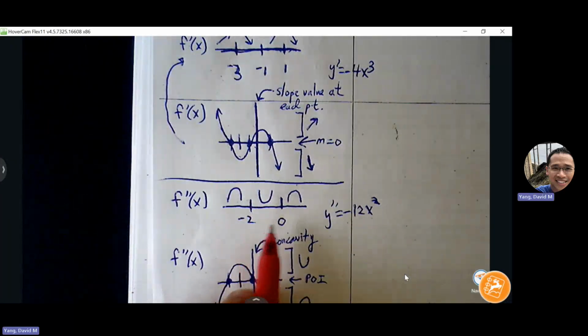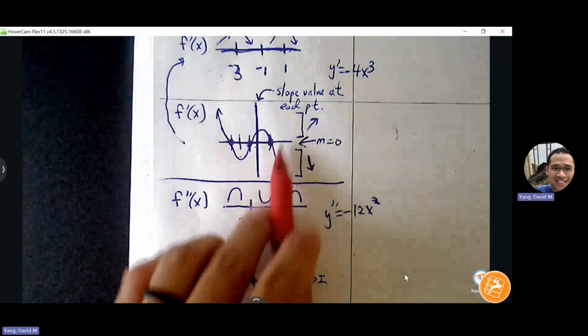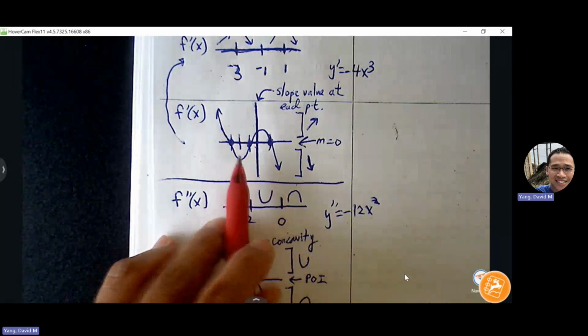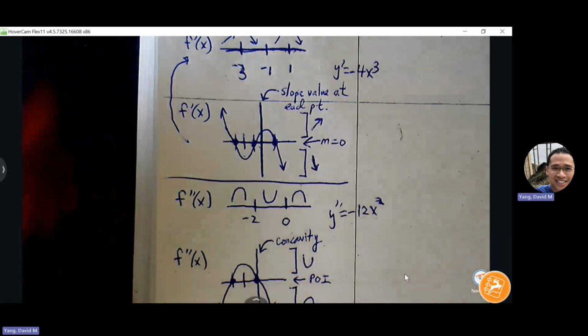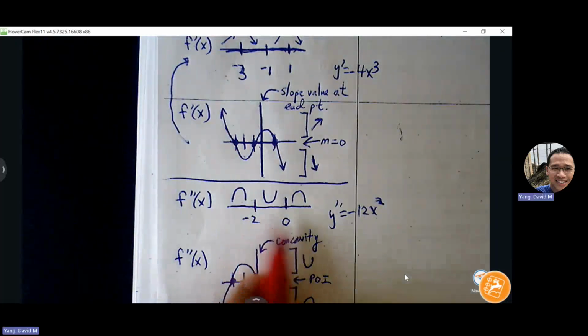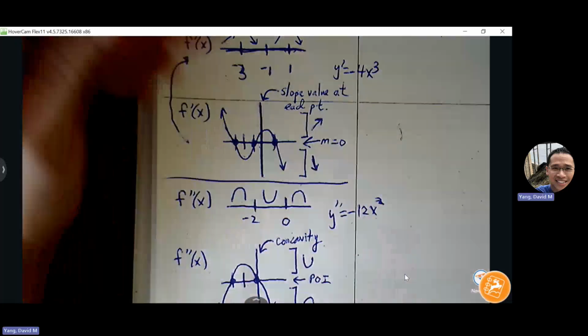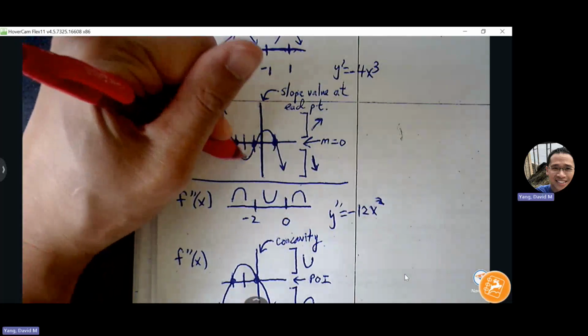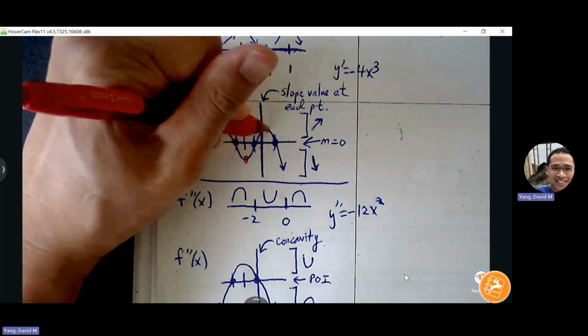Now, look at your points of inflection and look at your f prime graph. Where do you see them show up on the f prime graph? X-intercept. Well, not x-intercept. Where's -2 and 0 on the f prime graph? Oh, f prime. Sorry. Relative max and relative min.